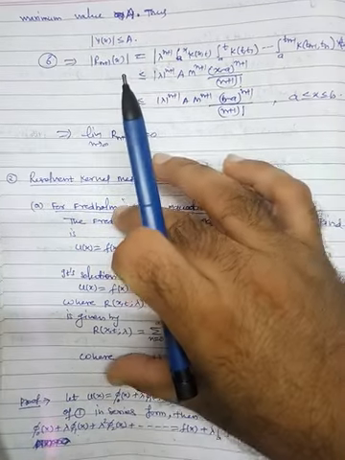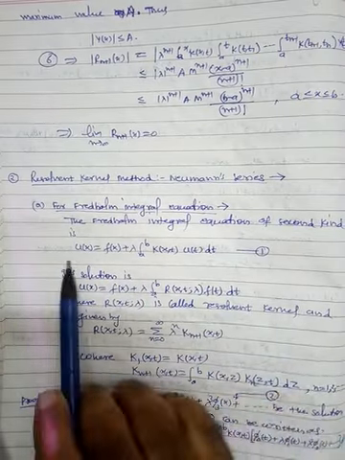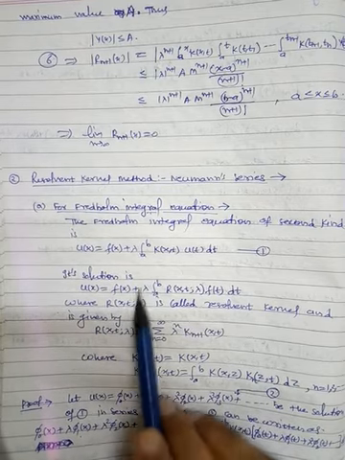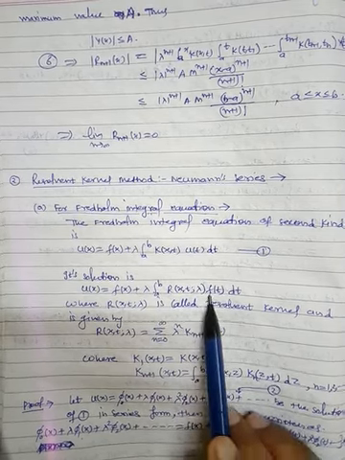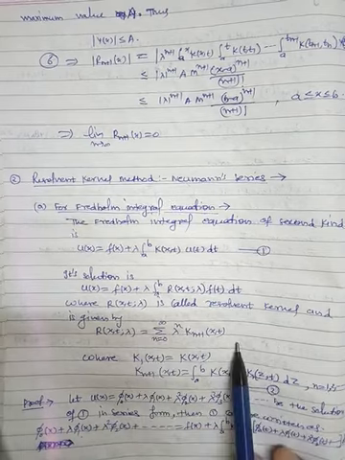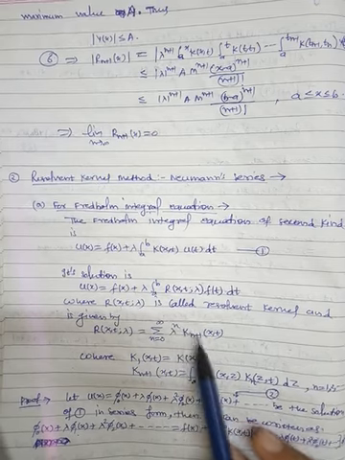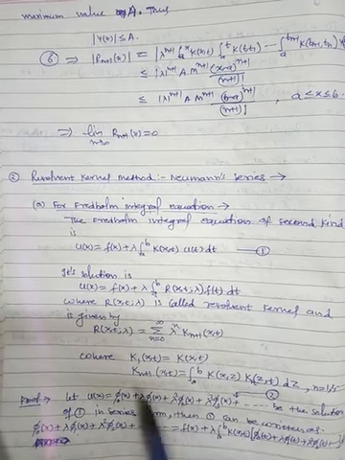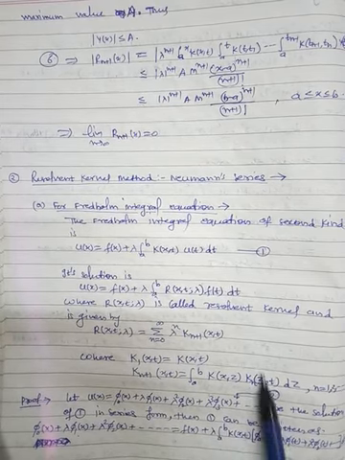So this is again a theorem. For the Fredholm integral equation of the second kind, given by this, its solution is given by u(x) equals f(x) plus lambda integral from a to b of R(x,t;lambda) f(t) dt, where R(x,t;lambda) is called the resolvent kernel and is given by this summation: R(x,t;lambda) equals summation n from 0 to infinity of lambda raised to the power n K_{n+1}(x,t), where K_1(x,t) is K(x,t) and K_{n+1}(x,t) is the integral from a to b of K(x,z) K_n(z,t) dz.